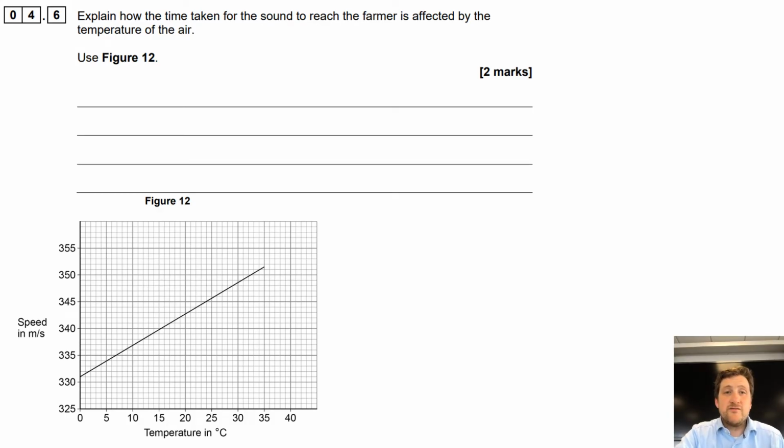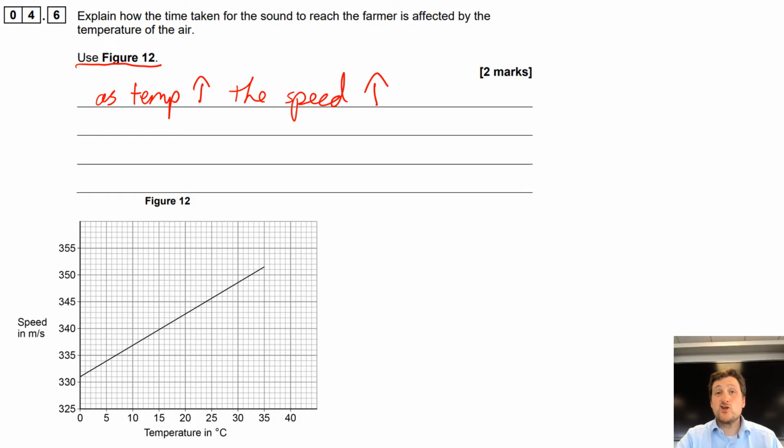Explain how the time taken for the sound to reach the farmer is affected by the temperature of the air. Now, because it says use figure 14, we're going to use that. For an explain question that involves a graph, we need to describe the graph first. So our simple description is as the temperature increases, the speed also increases. That's our description.